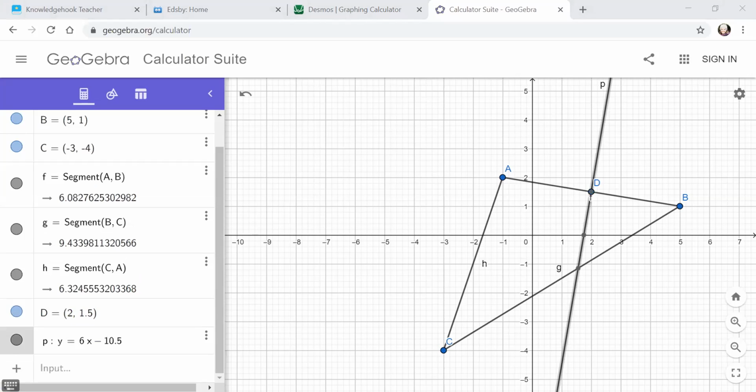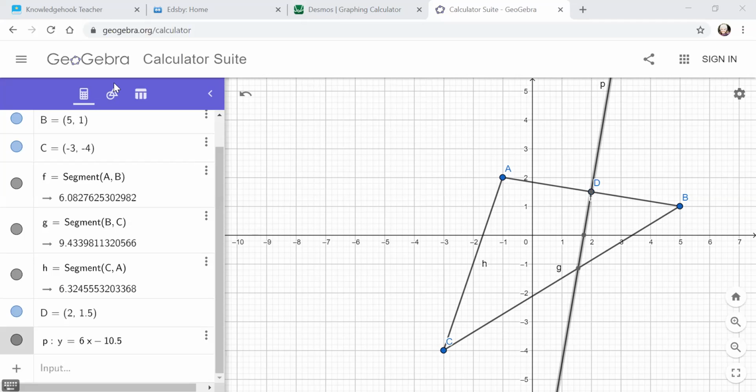So this line goes through point D, D is the midpoint. We got the midpoint of 2 and 1.5. And that line that's going through it should be a perpendicular line. You might have to turn your head a little bit. Does it look like it intersects at a 90-degree angle with, on this program, the line labeled AB? Yeah. Awesome. And does it cut the line AB in half?